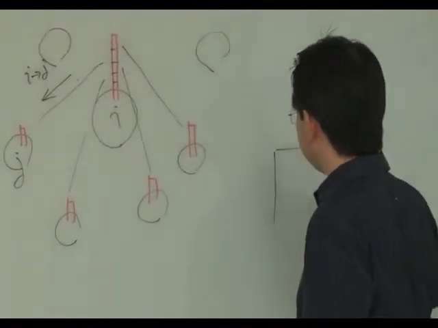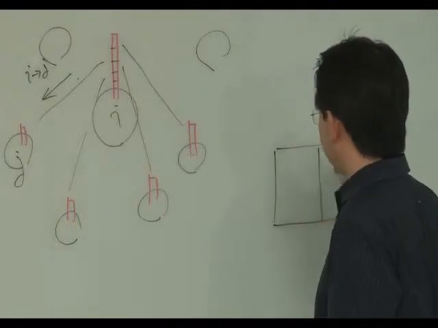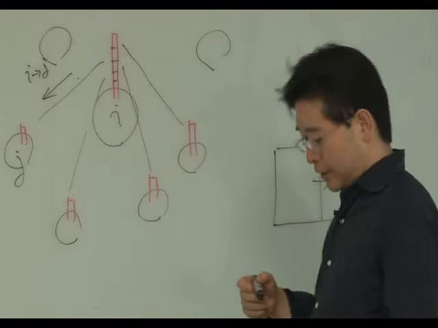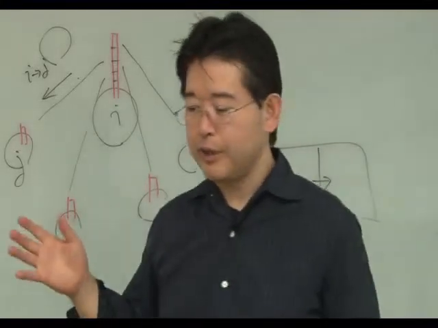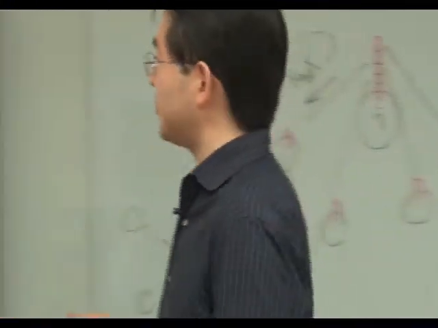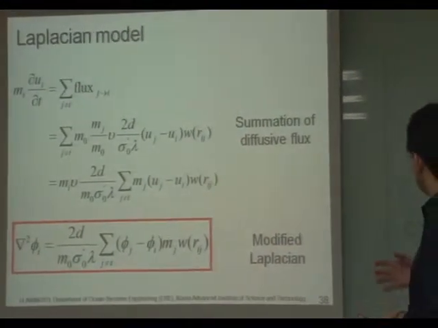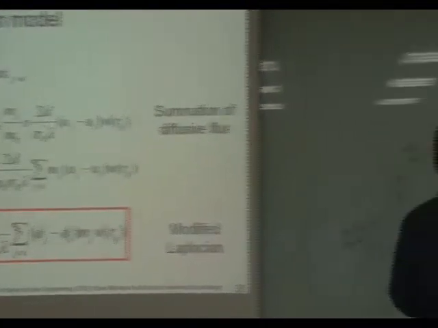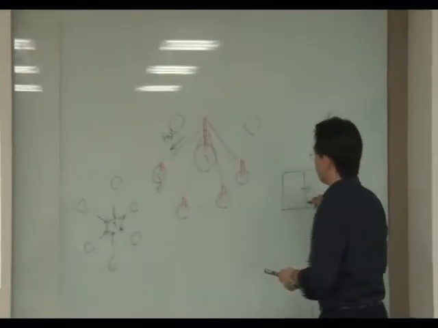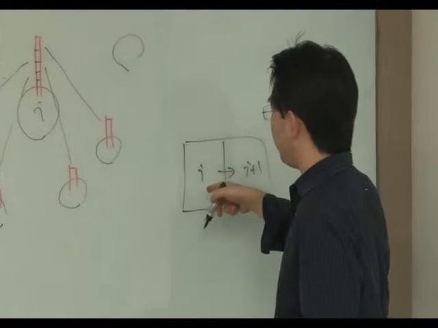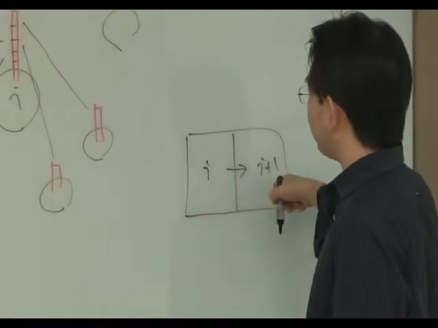In the discussion of the finite volume method, we consider the flux between the two control volumes. It is for the assurance of conservation. In this case, the control volumes are I and I plus 1.